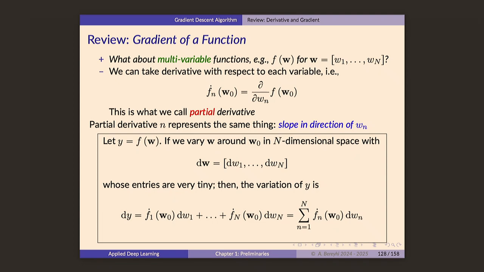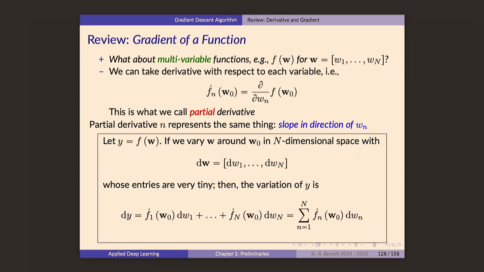I get the partial derivative with respect to each variable, multiply it by the corresponding step, and then the sum of them is going to be my change in the original function, right? Everybody's clear?